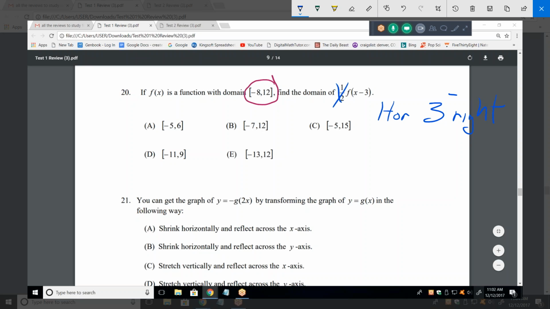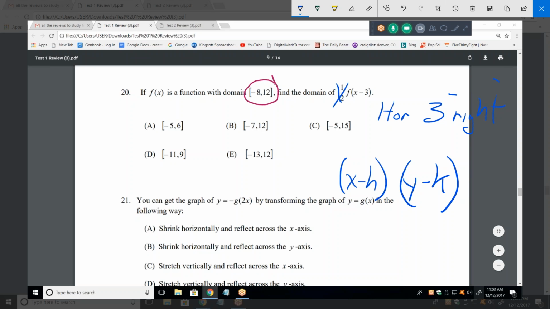Remember, prior to calculus, everything is always x minus h or y minus k. And you are still prior to calculus. Okay? So if the standard is x minus h, then h is positive 3 in this problem.